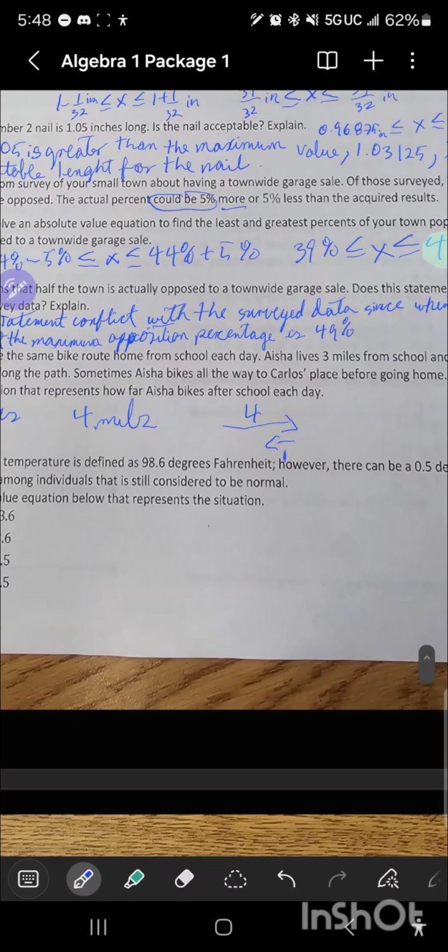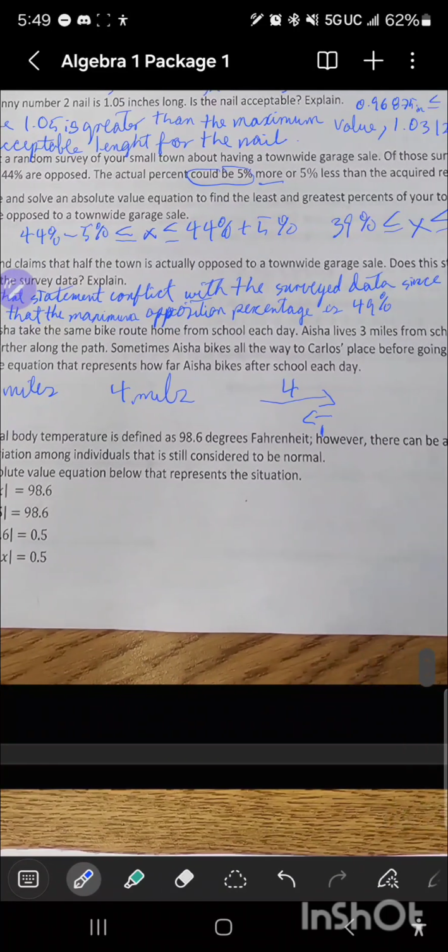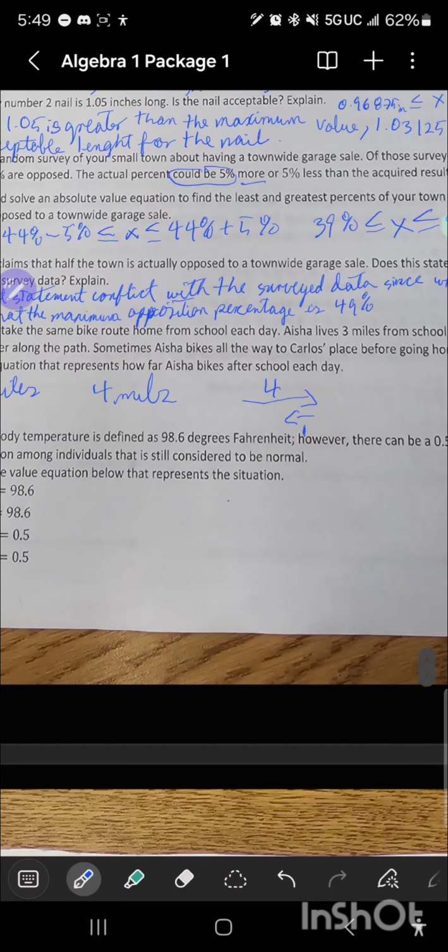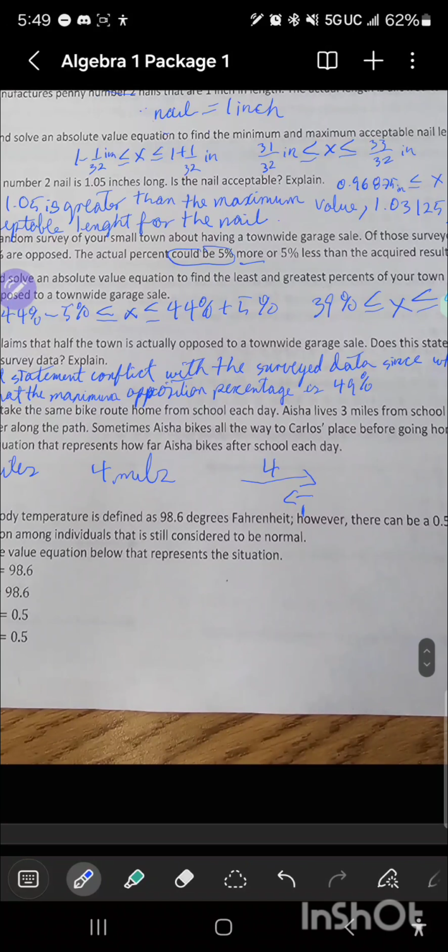Now we have this. This is all the information we have. And we know that the total amount she bikes each day is going to be 5 miles.